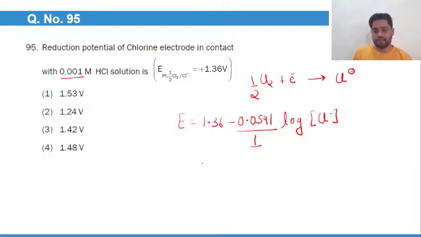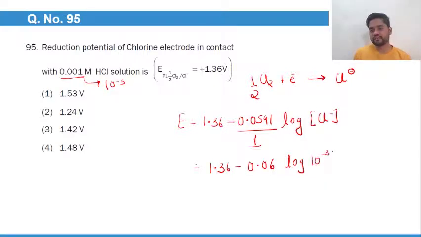So 1.36 minus, I'll take it as 0.06 log of chloride ion. This is 0.001, so I'll take this as 10 raised to minus 3. That minus 3 comes into multiplication and becomes plus, 0.06 into 3, because log 10 is 1.